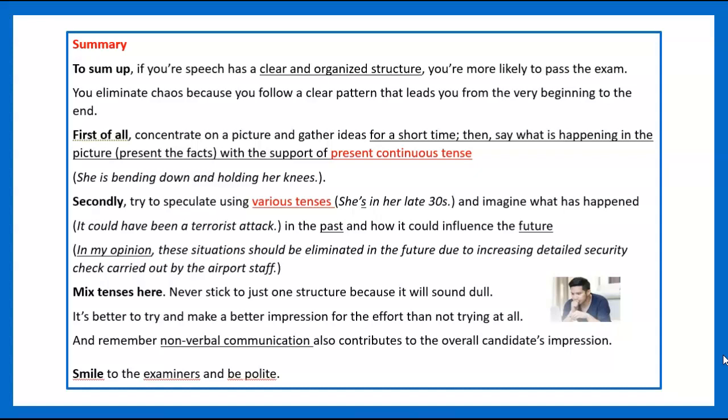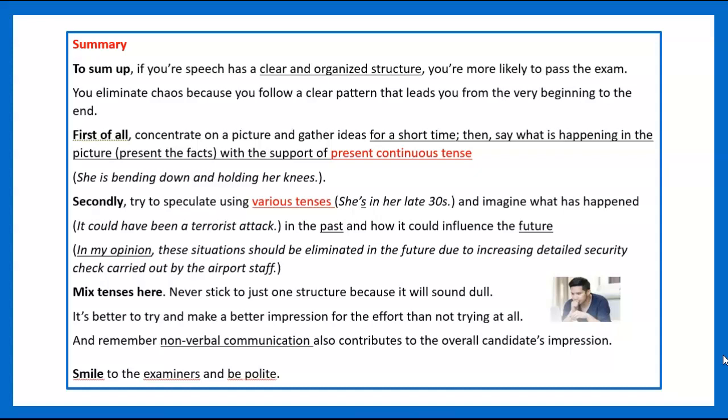Secondly, try to speculate using various tenses. For example, she's in her late 30s. And imagine what has happened, if it could have been a terrorist attack in the past, and how it could influence the future. In my opinion, these situations should be eliminated in the future due to increasingly detailed security checks carried out by airport staff.